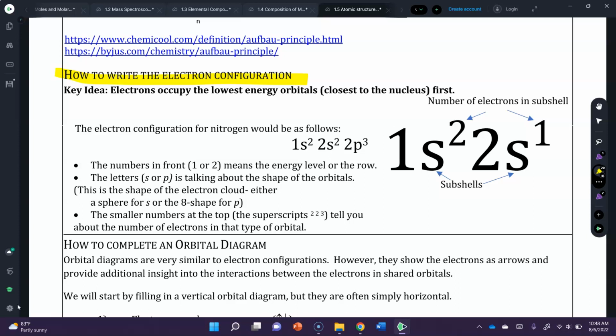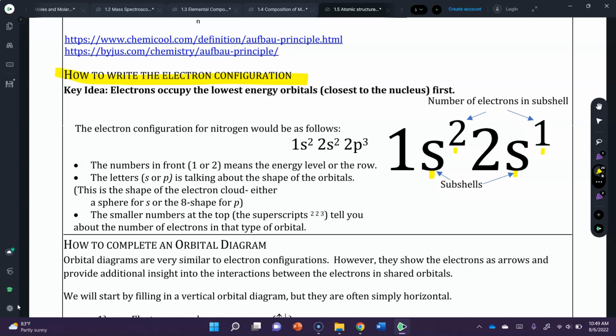So here we're looking at the electron configuration for nitrogen as follows, where the letters are subshells. These are the number of electrons there, and the big numbers in front are your principal quantum numbers. That's the energy level or the period.